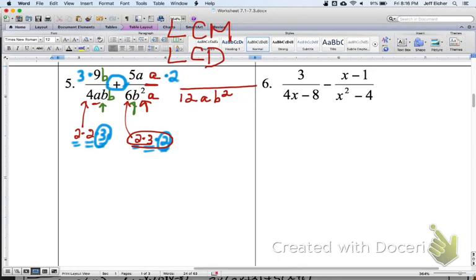In the numerator, we have 3 times 9 times b, which is 27b, and we have 5 times a times 2, which is plus 10a squared.